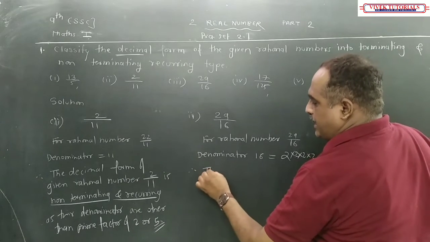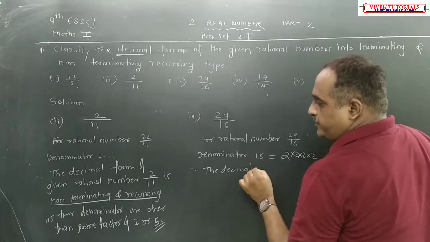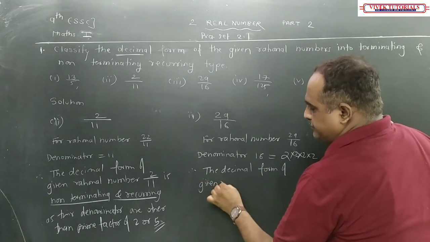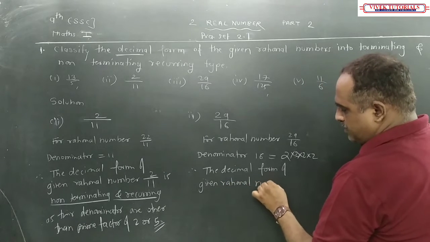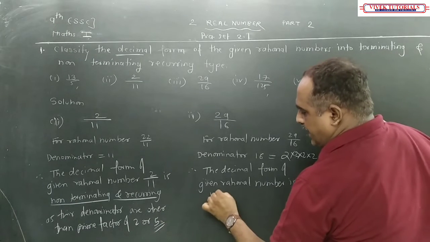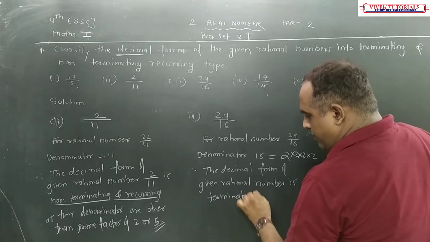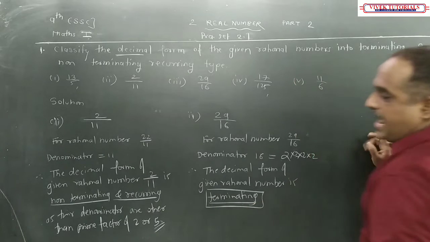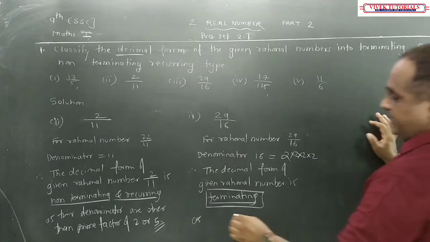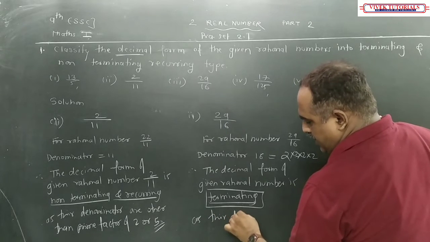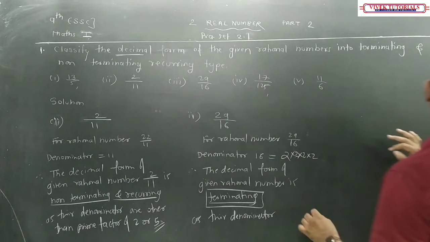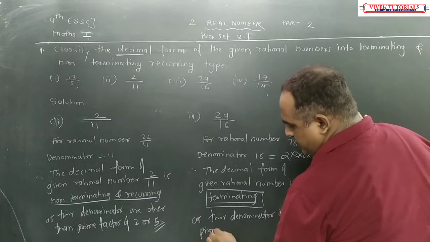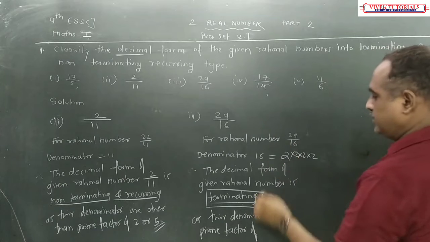Therefore, the decimal form of given rational number is terminating. यहां पे क्या लिखा था? नॉन टर्मिनेटिंग रिकरिंग. ये क्या है? टर्मिनेटिंग. तो इसमें लिखो as their denominator is prime factor of 2.